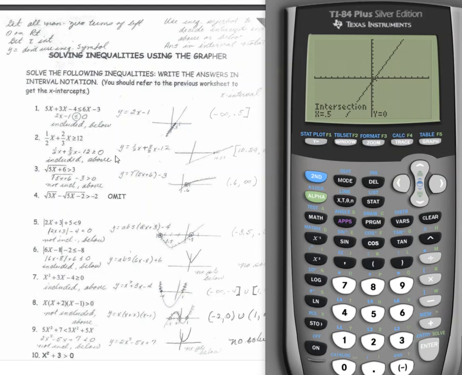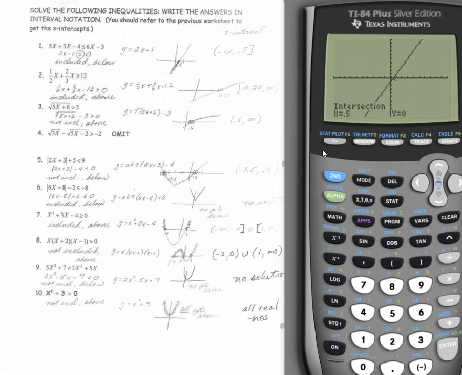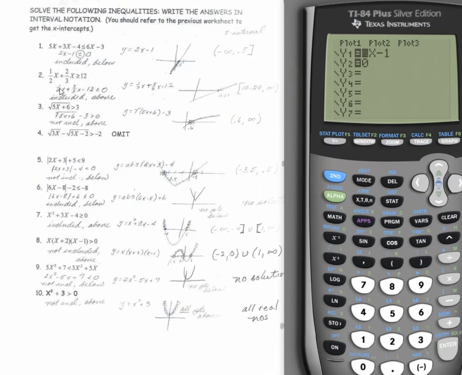If we went to number 2, we would do the same. You have fractions there. Okay, let's go to y equals, and this is the one that has been redone. We're going to do parentheses 1 divided by 2, close parentheses.